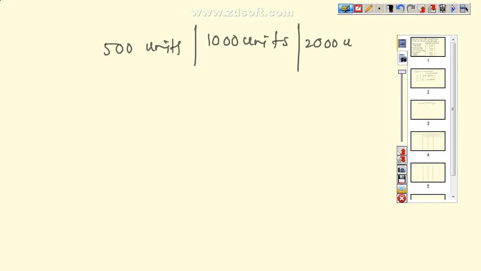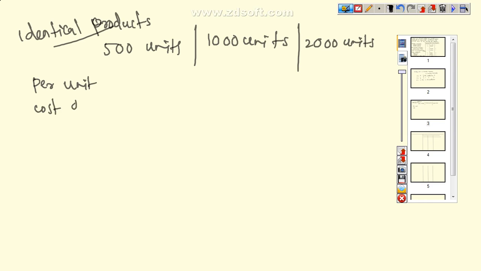Suppose a manufacturer is manufacturing 500 units, 1000 units, or 2000 units. All are identical product. Now, suppose the per unit cost of material is equal to rupees 10.